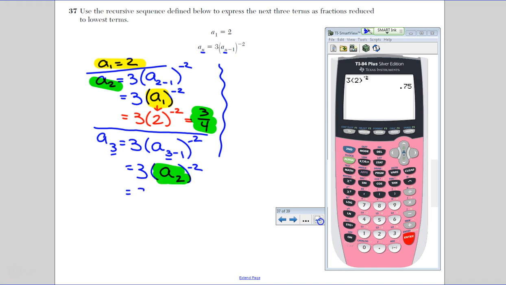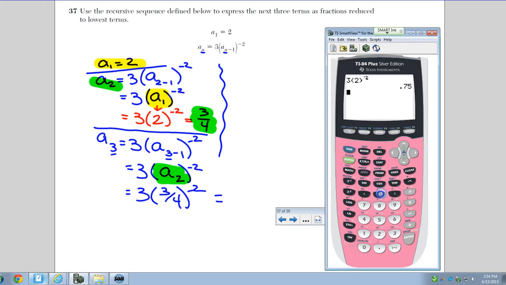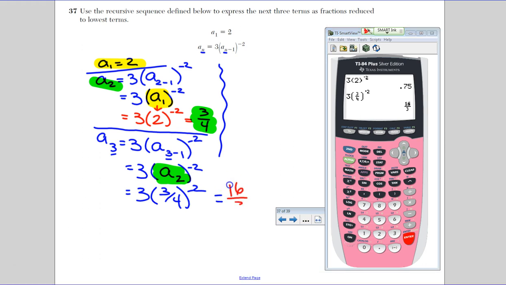So now we're going to get 3 times 3/4 to the -2 power. And you get 16/3. All right, now that's the second next of the 3 terms.